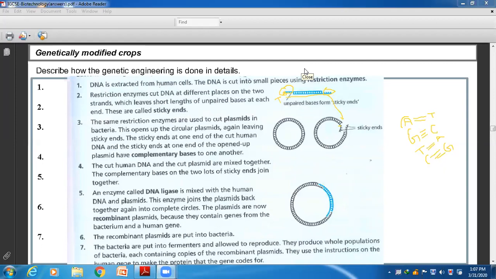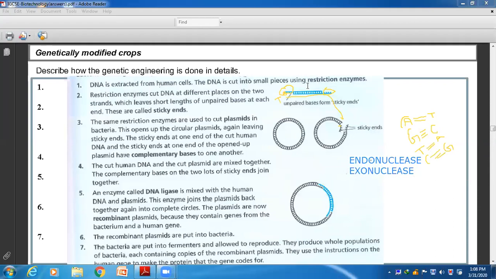One is endonuclease, another is exonuclease.